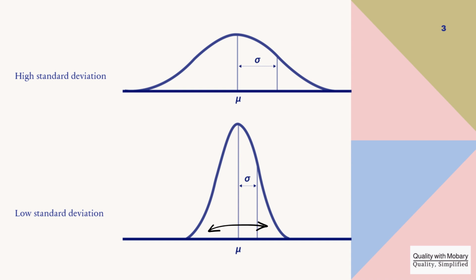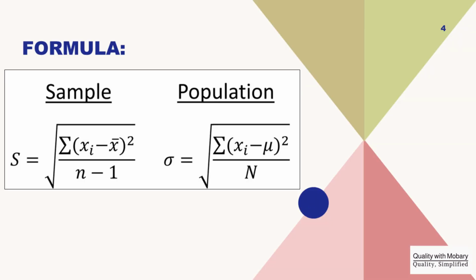So the probability of having outliers in this case is not as much as the curve above, because you can see here that the data are just being so close together, and the data points that we have are not that dispersed all over the place, right? I hope this visual representation explains the difference between a high standard deviation and a low standard deviation, right? And then moving on here, we can see the formula that we use for the sample and the population.